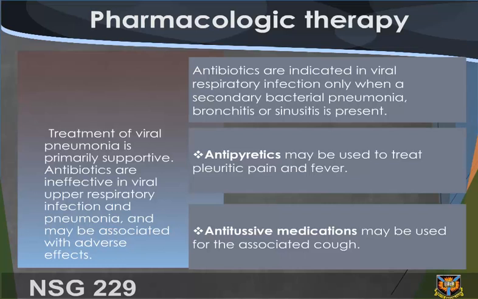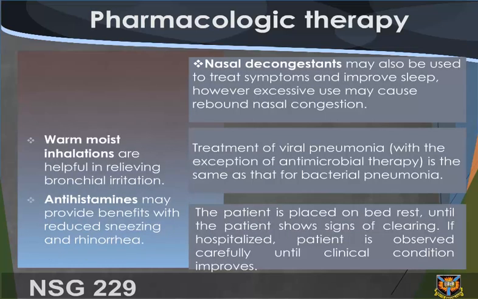Antipyretics may be used to treat pleuritic pain and fever. Antitussive medications may be used for the associated cough. Warm moist inhalations are helpful in relieving bronchial irritation. Antihistamines may provide benefits with reduced sneezing and rhinorrhea.